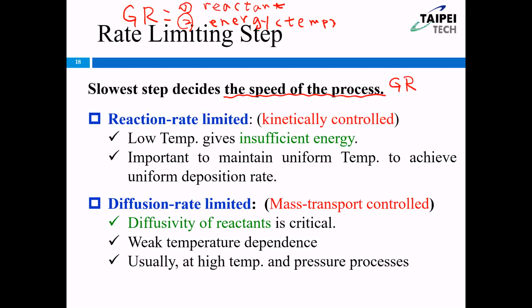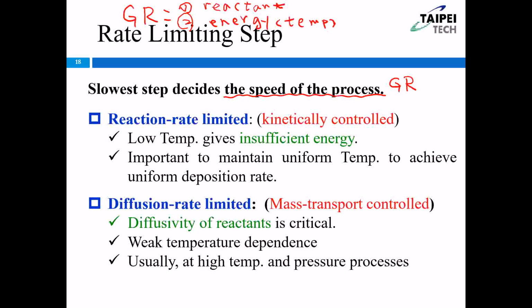Okay. So today, the slowest step will determine the growth rate. It means if we don't have enough reactant, then the reactant will determine the growth rate. And if we have a lot of reactant, so many reactants, then the temperature will determine the growth rate. Okay.